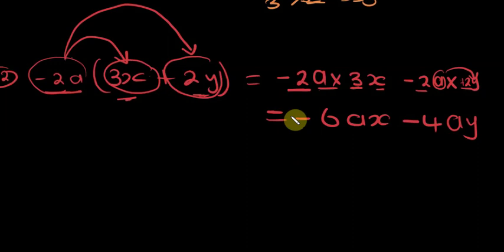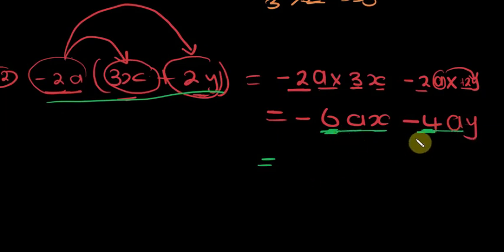What happens if we want to go back to this form? To go back to that format, we factorize. To factorize, you look for the number that is common, or the highest common factor of minus 4 and minus 6. And then you also look for the letter that is common between the first term and the second term.